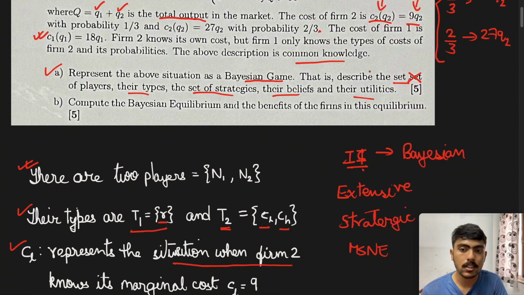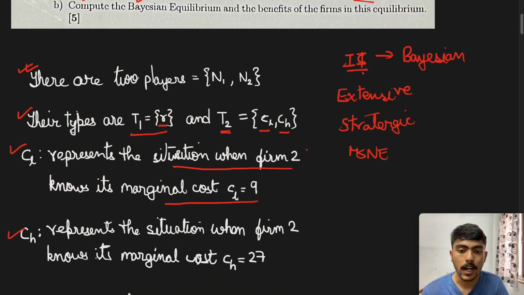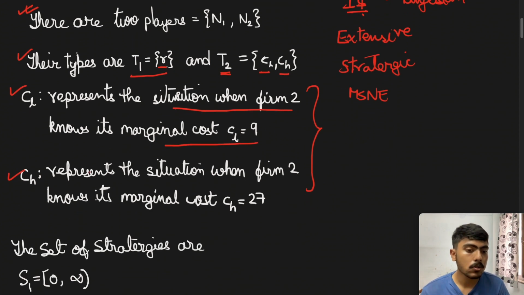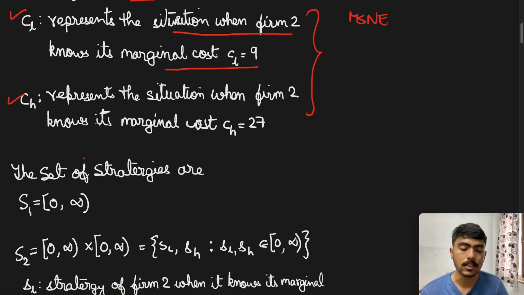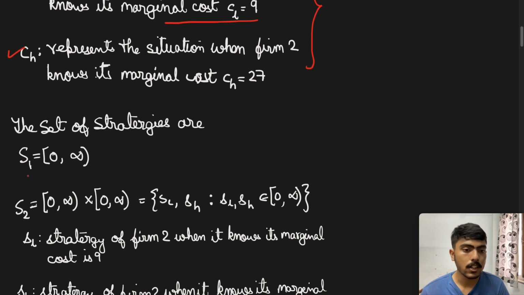So we discussed the set of players and their types, right? Since firm 2 has two types, which firm 1 is going to predict before taking its decision, we say that it will have two types. Then there is the set of strategies. For player 1, we have 0 to infinity. Why is this 0 to infinity?